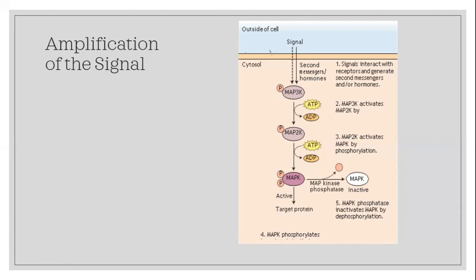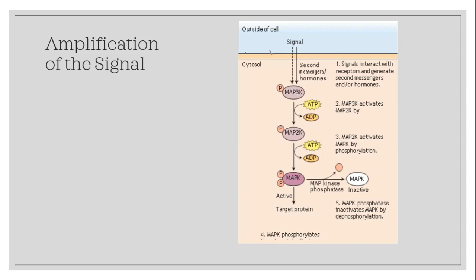These mitogen activated protein kinases are enzymes which act as kinases and transfer phosphate from one molecule to another. Whenever the signal is received, these enzyme linked receptors phosphorylate the MAP3K. This MAP3K in turn phosphorylates the MAP2K. The MAP2K in turn phosphorylates the MAP kinase, and ultimately this MAP kinase phosphorylates the target protein, and the target protein performs the response.